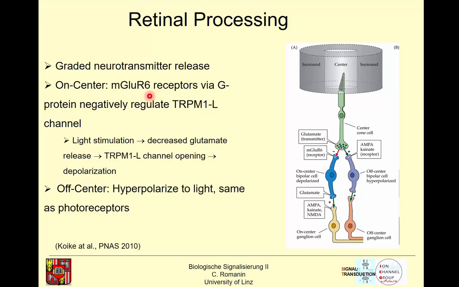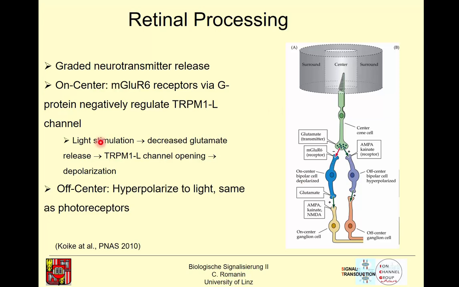As long as glutamate is sitting here, because it's released, via a G protein this channel is closed. So we do not have an influx of sodium. Sodium goes through these glutamate receptors here, but it also would go through that channel. But that channel is closed due to a negative regulation via this G protein. So in the dark, these cells are in a hyperpolarized state.